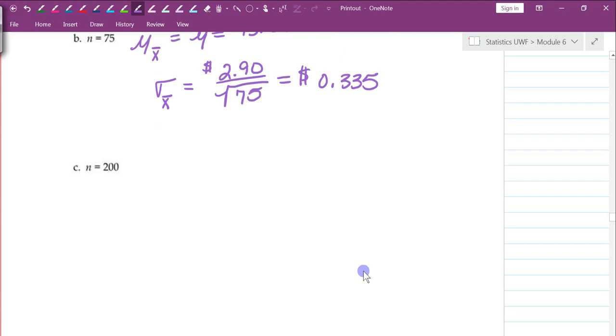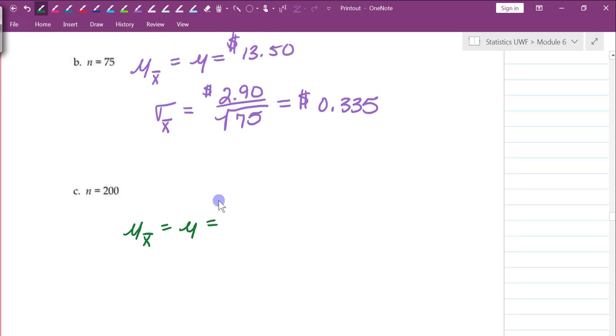Okay, same thing. So we have mu sub X bar is equal to mu. It hasn't changed. It is $13.50. Now I need the standard deviation about the mean. That is equal to the standard deviation divided by the square root of n.